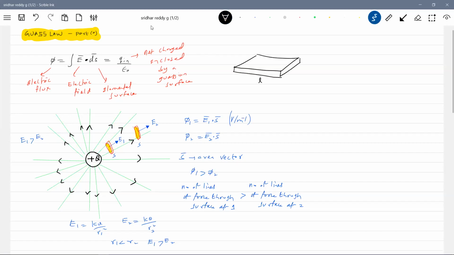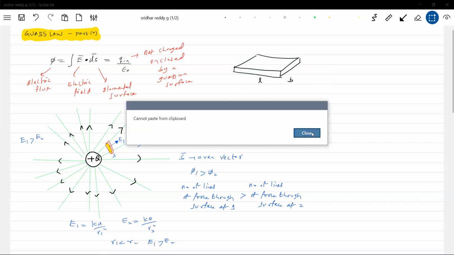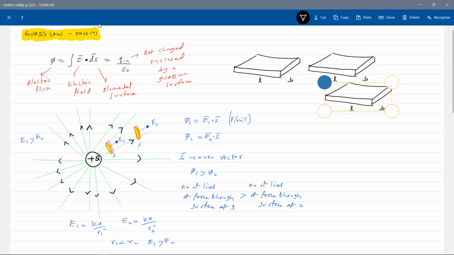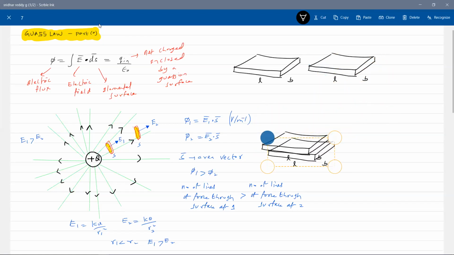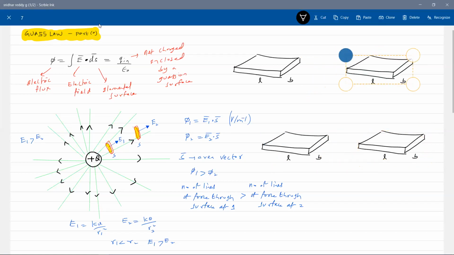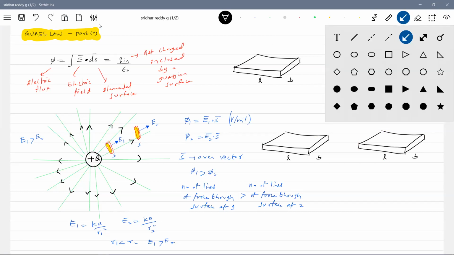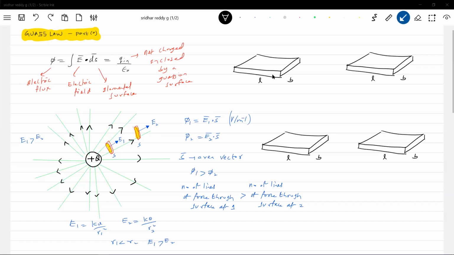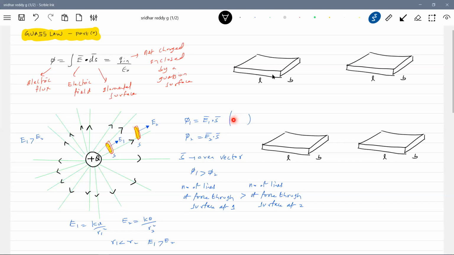Also, let me take a strip of length L and breadth B. There is a uniform field here.